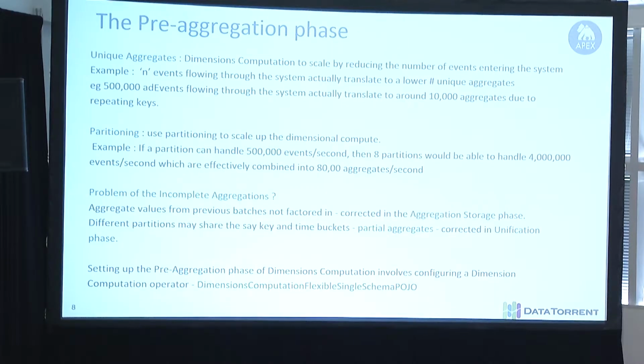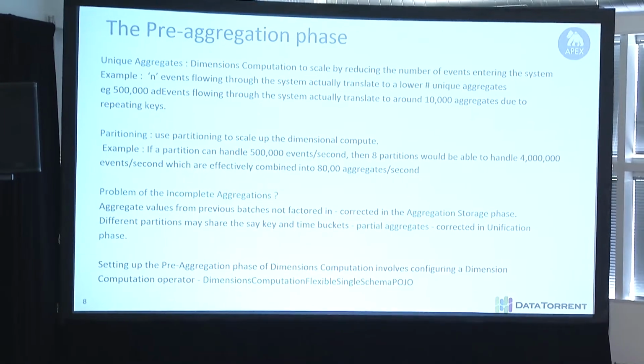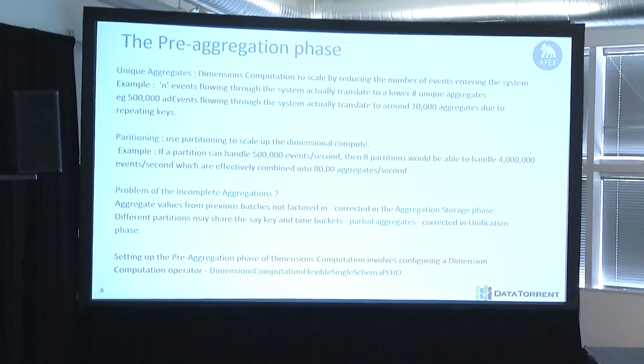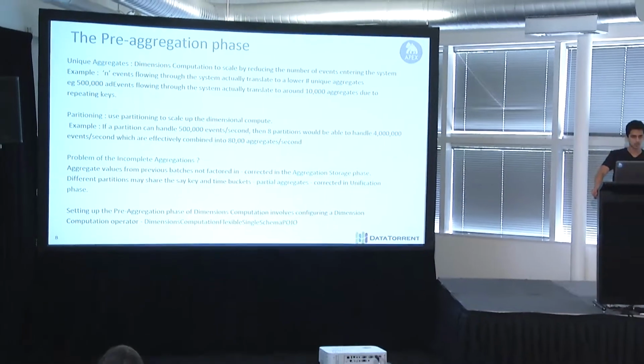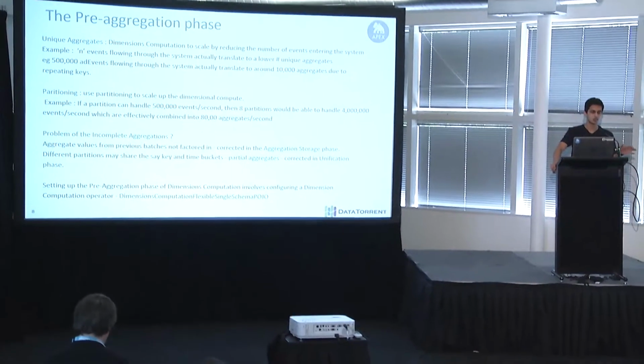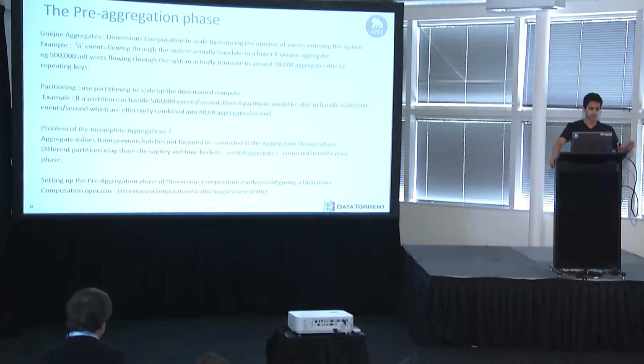For example, one of the main purposes of the pre-aggregation phase is to collapse the dimensional aggregates by their uniqueness. So typically, for unique aggregates, dimensional compute tends to scale by reducing the number of events entering the system itself. For example, if you have n events flowing through the system, they typically translate to a number significantly lower than n in terms of your dimensional compute.